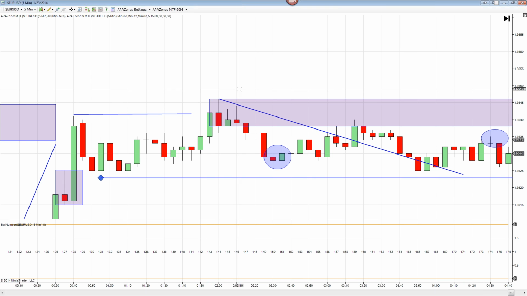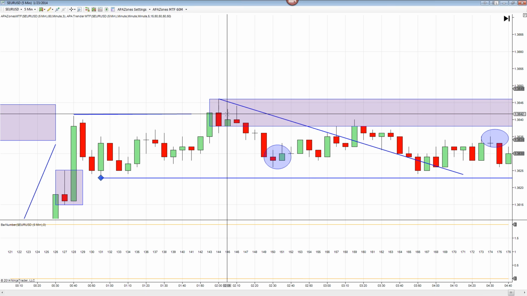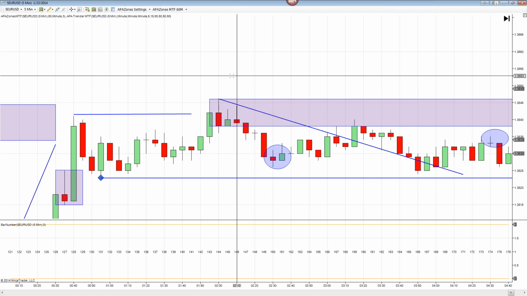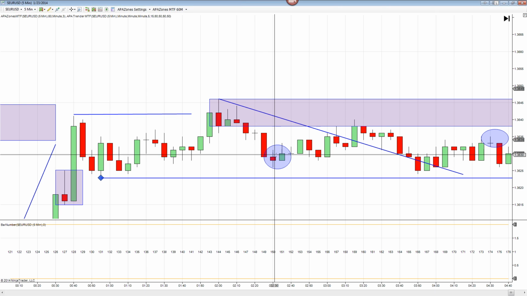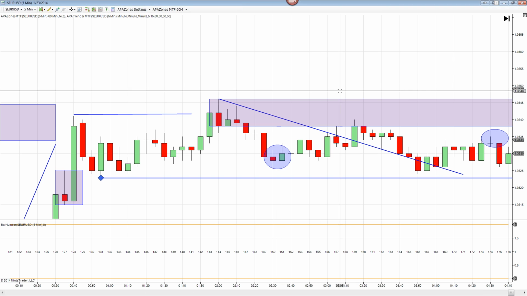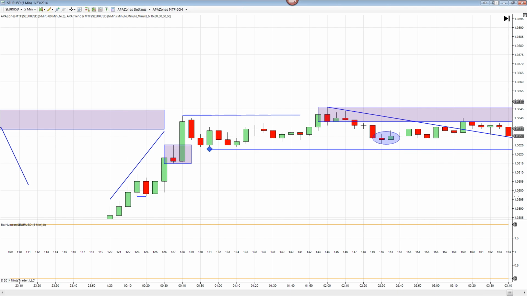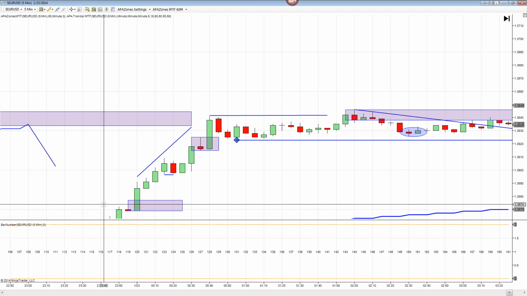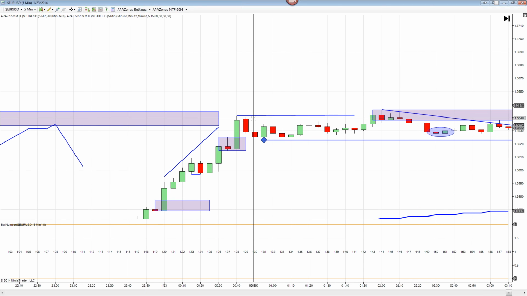Hopefully mentioning that we are making new higher highs, definition of an uptrend, you're making new higher highs and higher lows. That is the definition of an uptrend. Obviously, we went microchannel coming out of the open of this particular market.